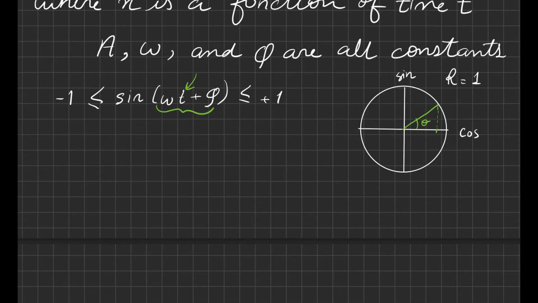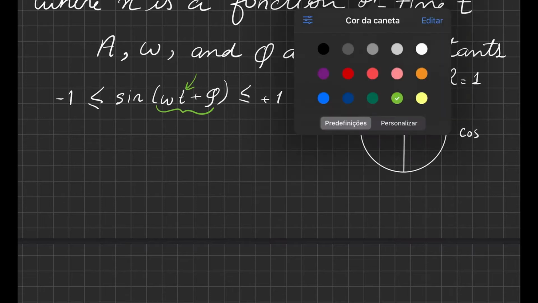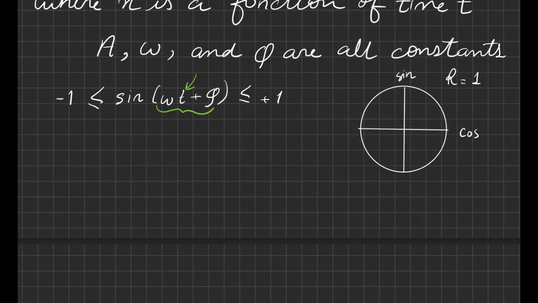Now, we are gonna just take special cases of this angle theta. In case the angle was 0, so it's here, the sine of angle 0 is 0 because here's the origin of this axis. So the sine of 0 is 0.